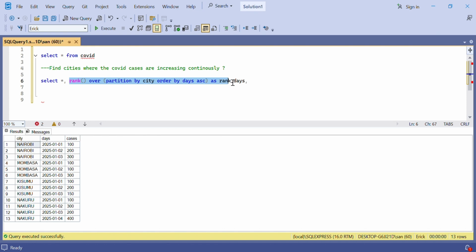And then we will also use the same partition by city, but instead of days we order by cases, and we call this one rank cases, from our table, which is COVID.